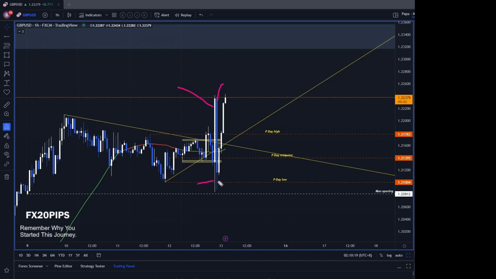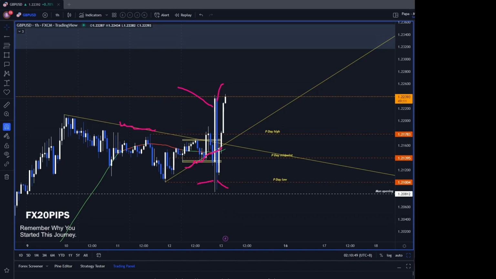See all the wicks? And you will realize now, if you have not, that on any day with news, all your charting will be out of scope. That means all the trend lines don't make sense. This trend line now seems redundant because the price just went up and down.